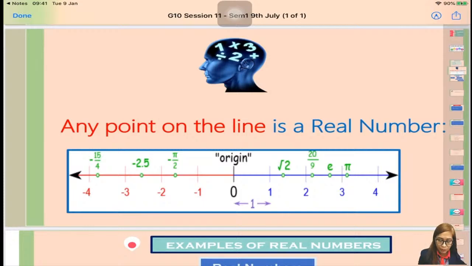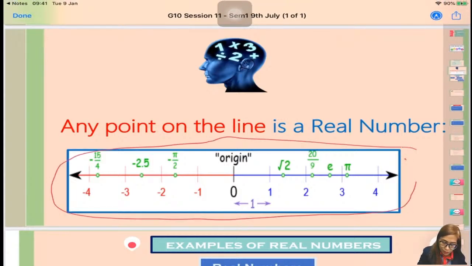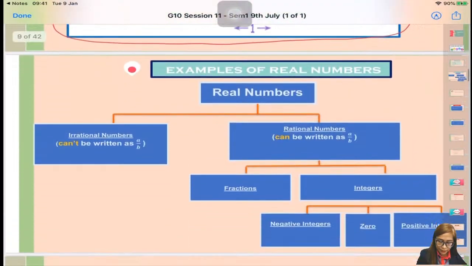Any number that you can find on this number line is called a real number. It's real. We can use these numbers in everyday life. In Matayom 5, you will have numbers which are not real, which are called imaginary numbers. For now, we will have real numbers.